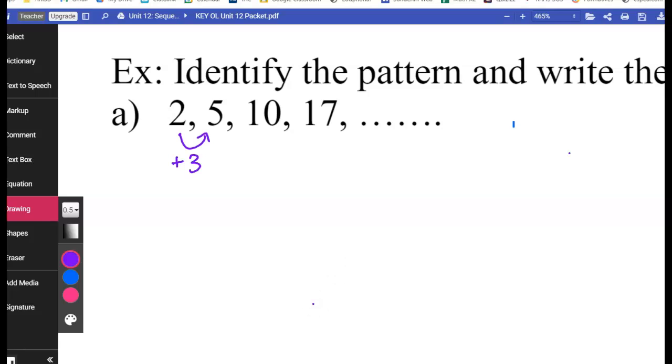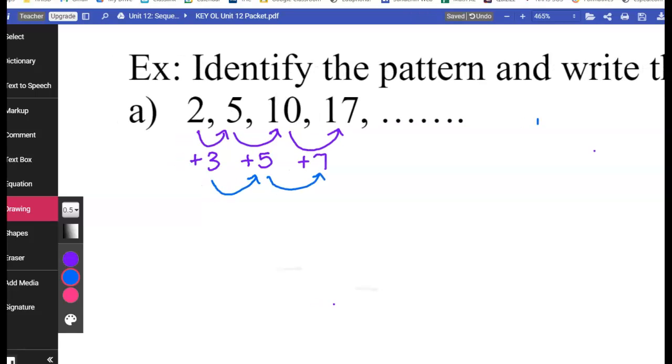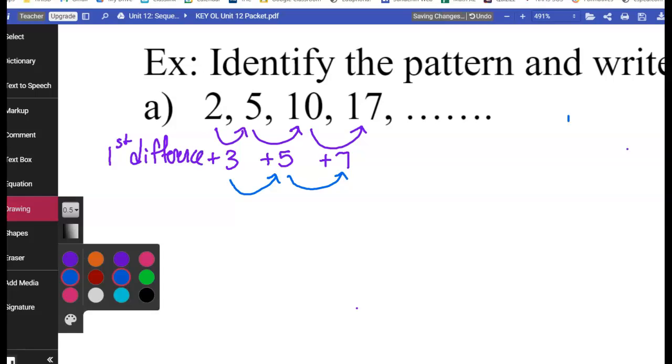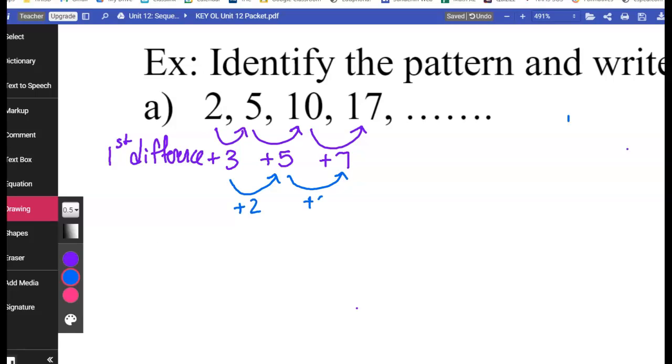So this one's going up by 3. This one's going up by 5. This one's going up by 7. What do you notice? Ah, the difference is itself increasing by 2 every time.